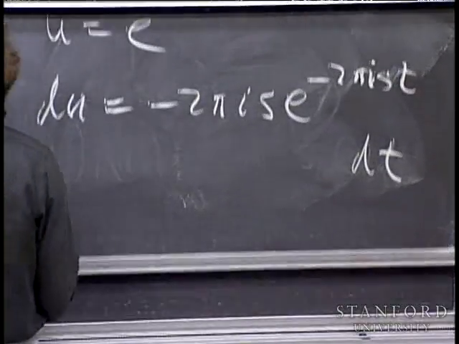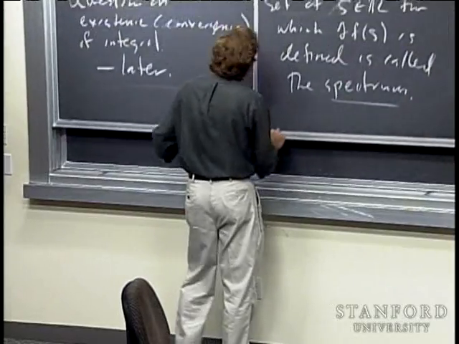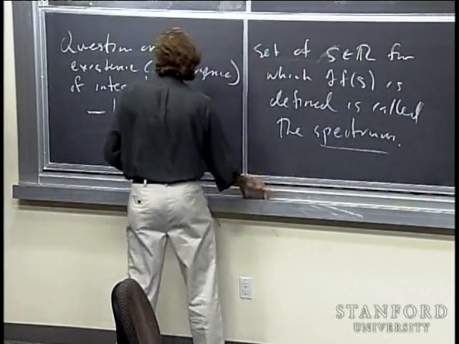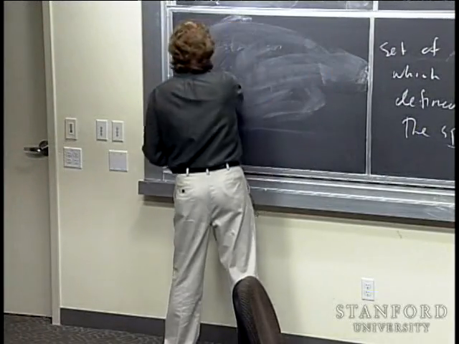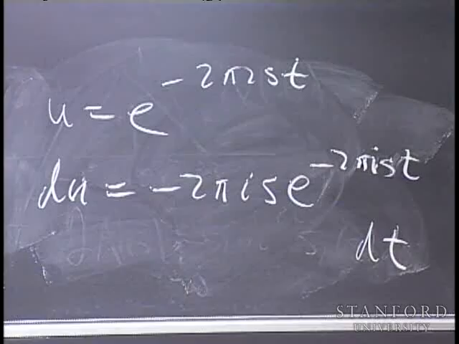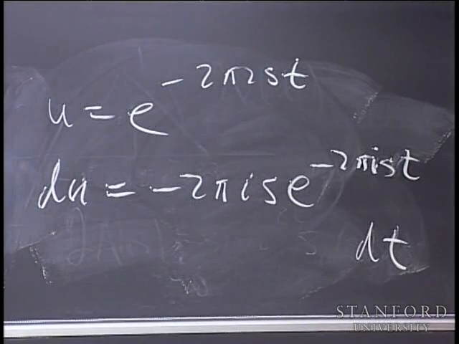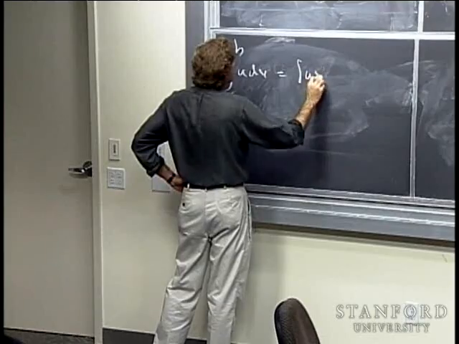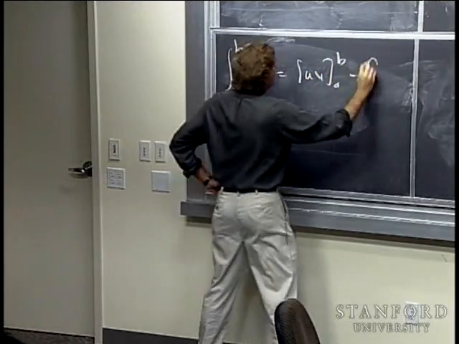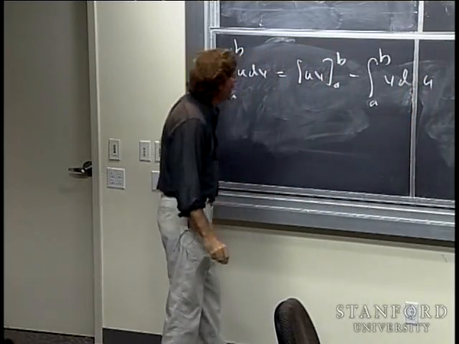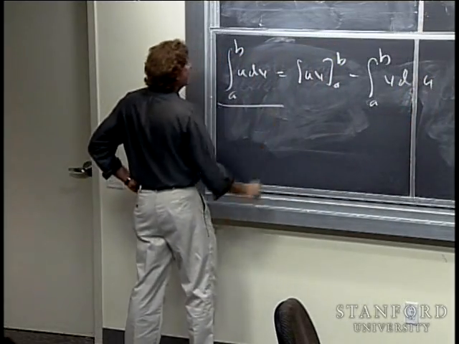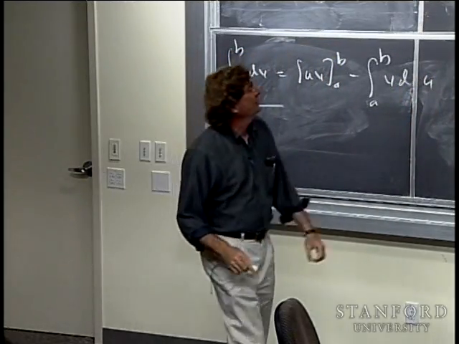Again, integration by parts tells us that the integral from a to b of u dv is uv, evaluated between a and b, minus the integral from a to b of v du. So how does that work out in this case? There's an i times the whole thing, right?